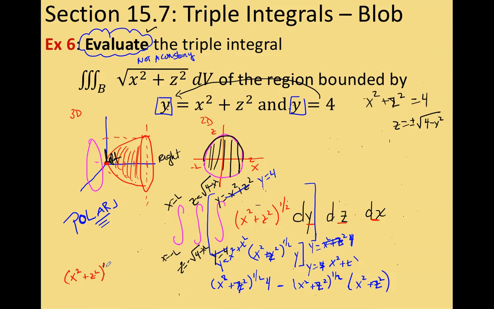So then what am I left with? The 4 minus x squared plus z squared.